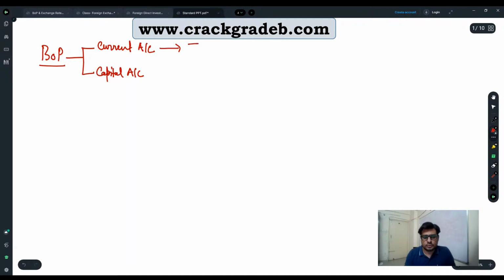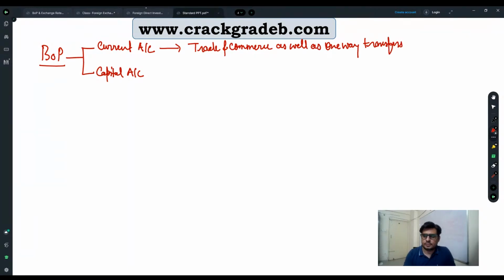The current account basically shows trade and commerce as well as one way transfers with outside of India.